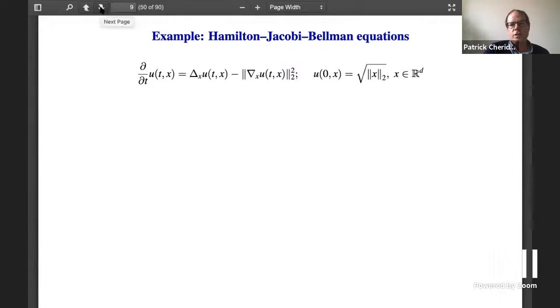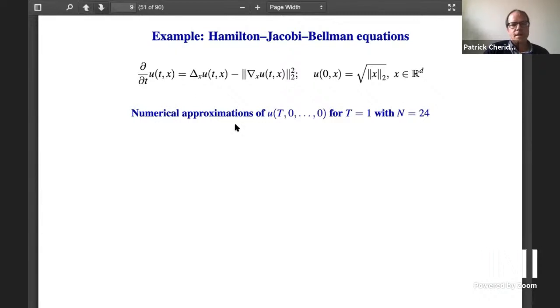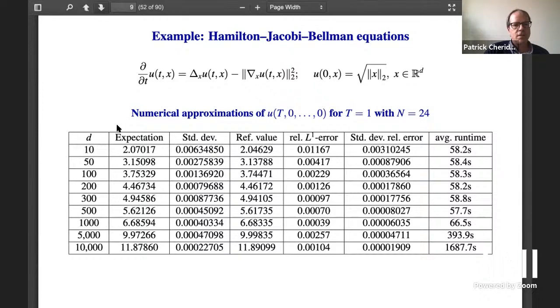The initial condition we chose here was just the square root of the 2-norm. What I'm showing you here are numerical approximations of the value of the solution u at capital T equal to 1 with 24 time steps. And as you can see, we do this for very high dimensions, from 10, 50, 100 up to 10,000 dimensions.